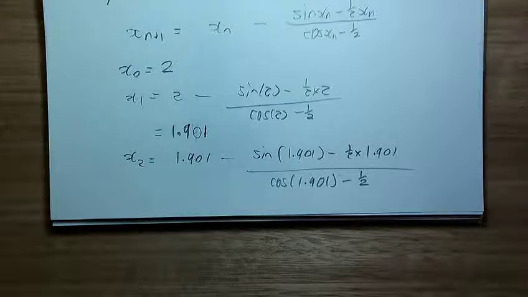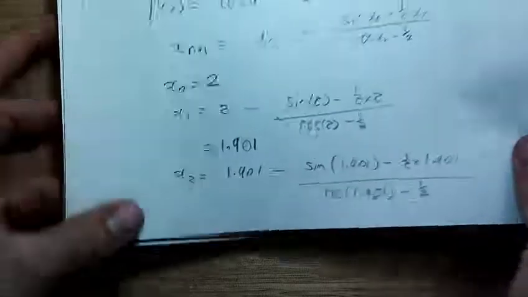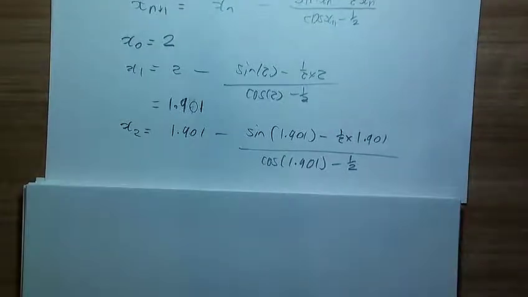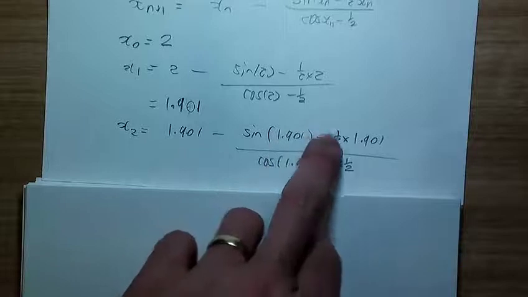In fact, if you've got one that has a memory that you can call x, which a lot of them do, then it's really useful to just be able to type in your calculator x equals and then just go back and repeat what you've done before. Or, if you're being very clever, to use the answer button and say answer minus sine answer minus a half of answer, and just keep pressing equals equals equals equals until you get something.